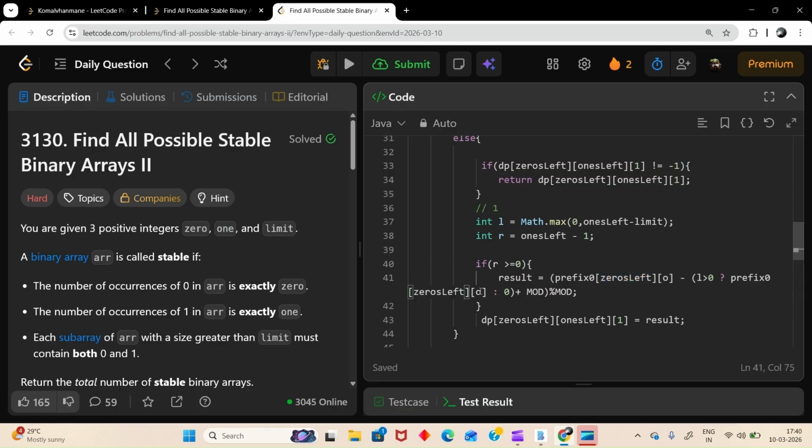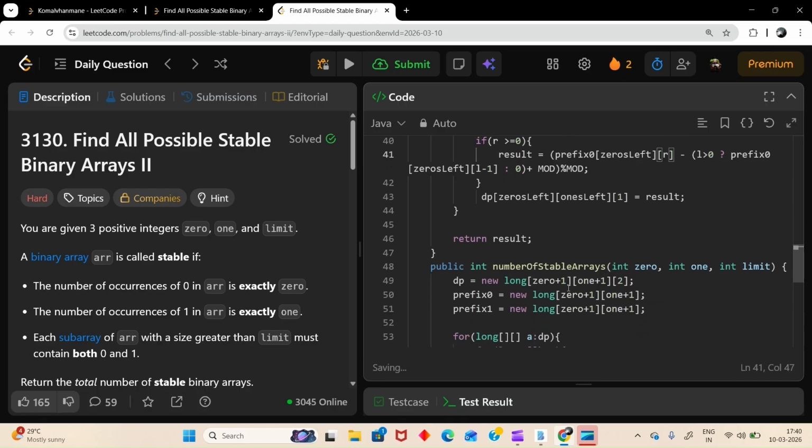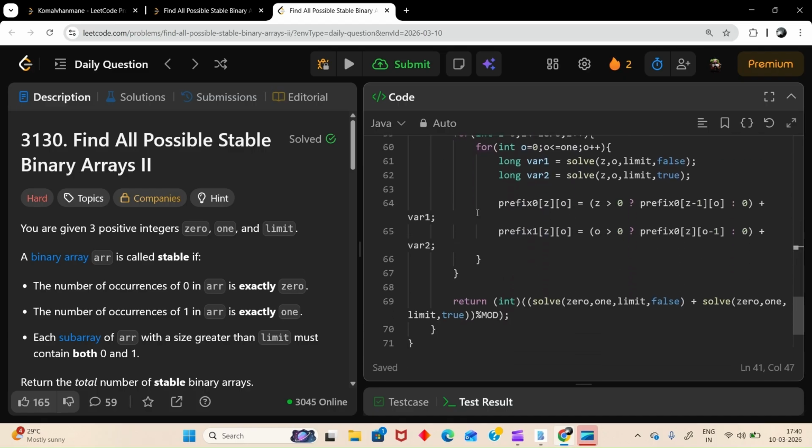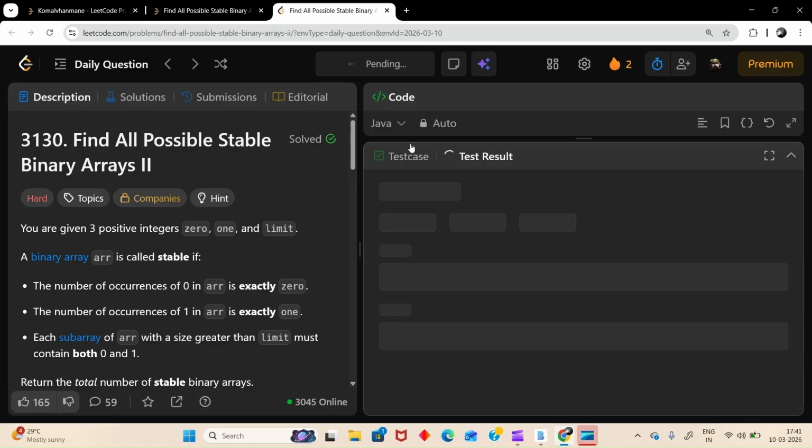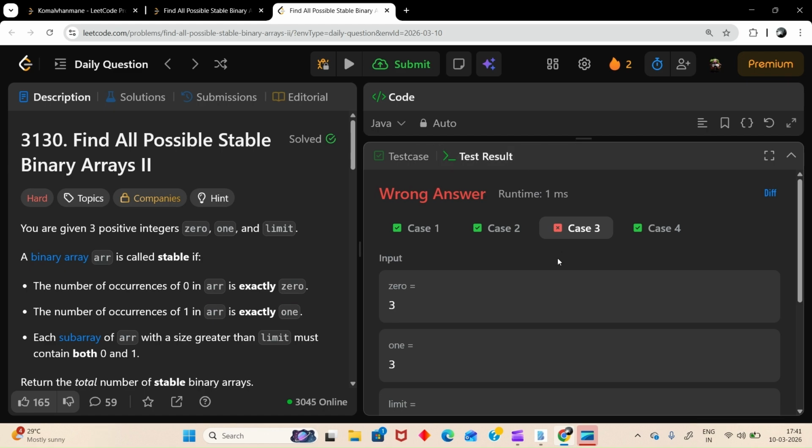Instead of this we will use the same in reverse. We already calculated this, so we are just using it here. Yeah, correct, and that's it. So let's run this. Other than this, the code was similar. Only we optimized. Yeah, we are getting something wrong.